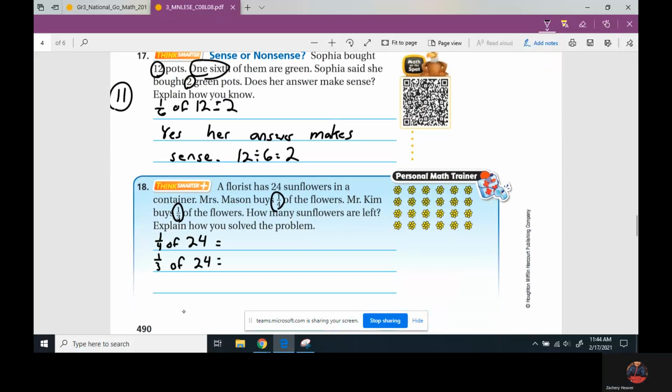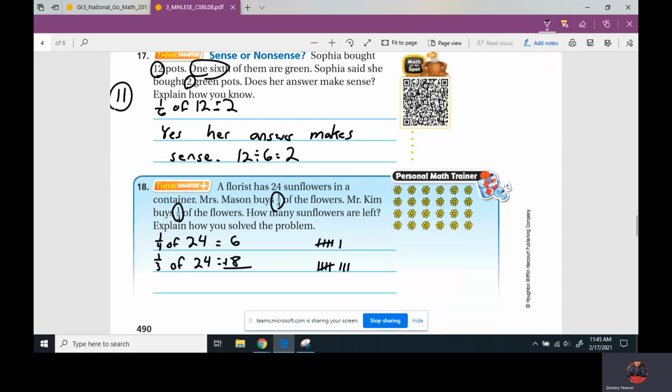So how many times can 4 go into 24? 4, 8, 12, 16, 20, 24. So 1/4 of 24 is 6. Now 3, we have 3, 6, 9, 12, 15, 18, 21, 24. So we have 6 and we have 8.